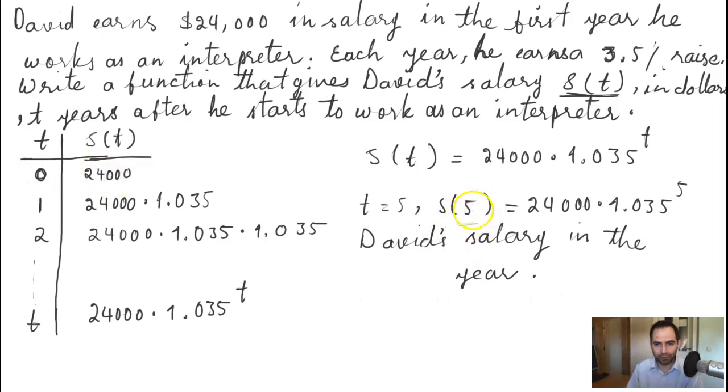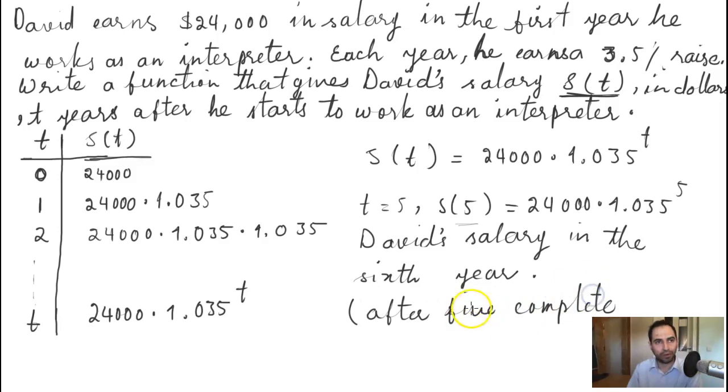So when t is equal to 5, you are in the 6th year, or another way, after 5 complete years have passed.